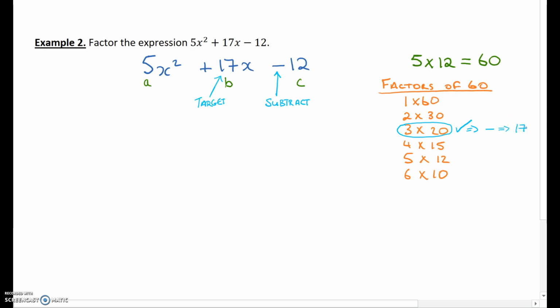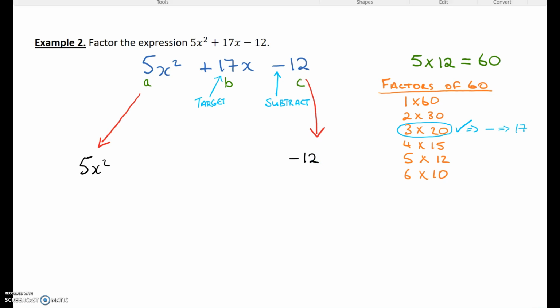So we're going to write out this expression again, but we're going to replace the middle term with 20x and 3x. We're going to keep 5x squared, and we're going to keep the minus 12, but we're going to replace the middle number with the new factors that we just selected.